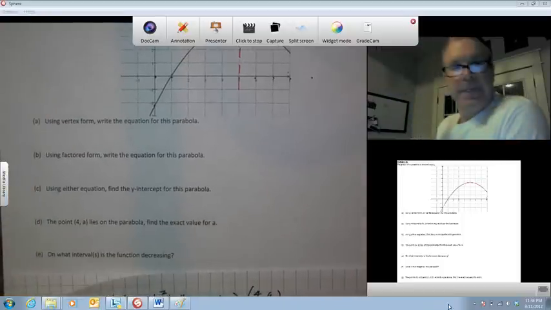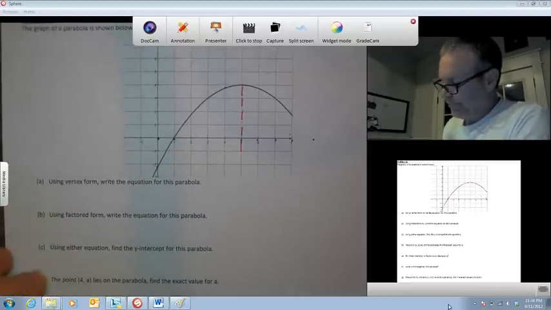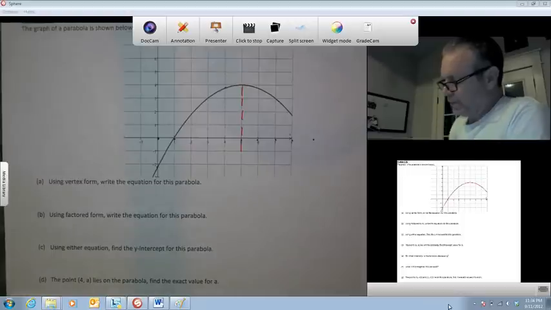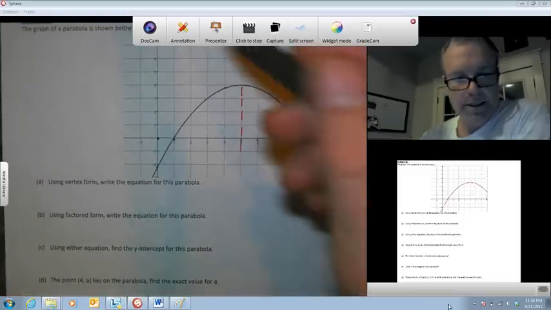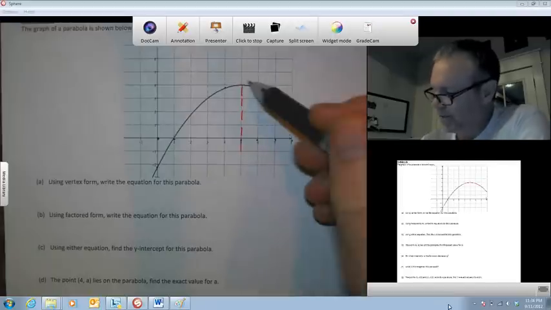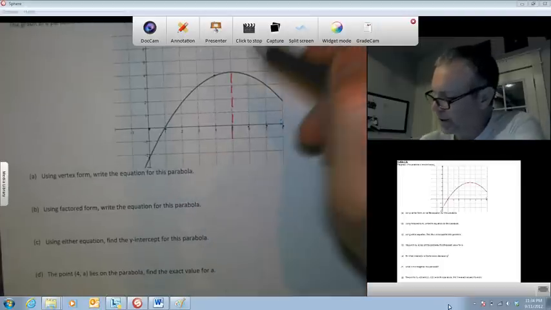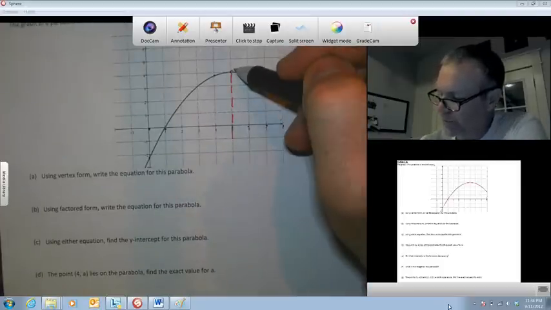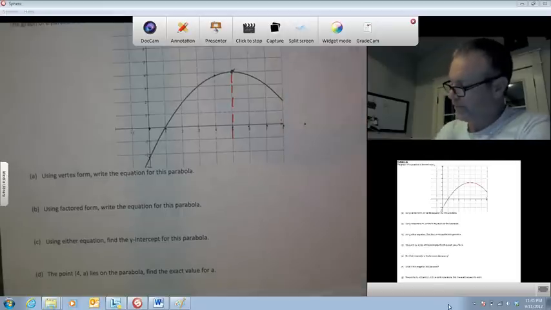And that is, on what intervals is the function decreasing? Now from here on out, we have most of our information, and we're going to use it to answer the rest of the questions. It asks when is the function decreasing, and the function looks like it's decreasing from the vertex, so we need to use the vertex and then on, and that is the interval that this function is decreasing on.